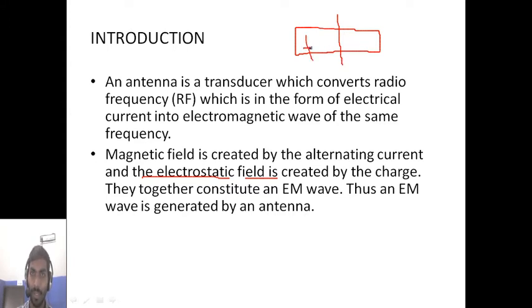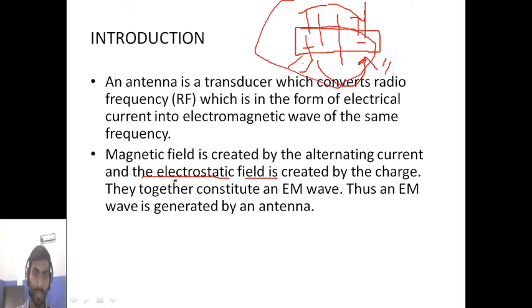Here one side is positive, the other side is negative, which brings a potential difference. This potential difference says that the electric field is more over here and less over here. Here potential is high, here potential is low. That is what we call potential difference. This potential difference in turn creates an electric field. So electrostatic field is created in your conductor.